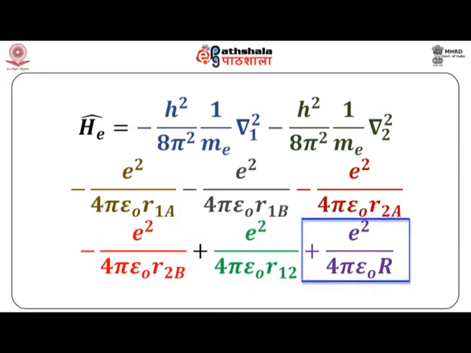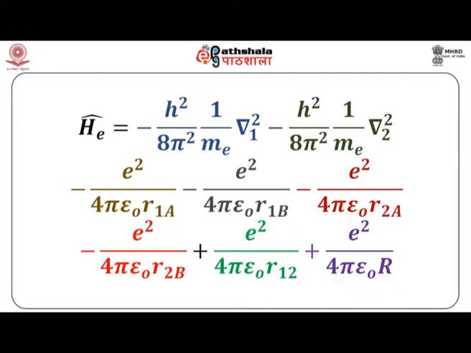And we also have the last term here, which is the repulsion between the two nuclei. R is the internuclear distance, which is fixed here because we are assuming the nuclei to be stationary.